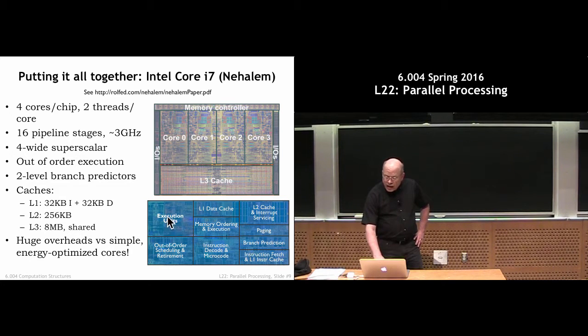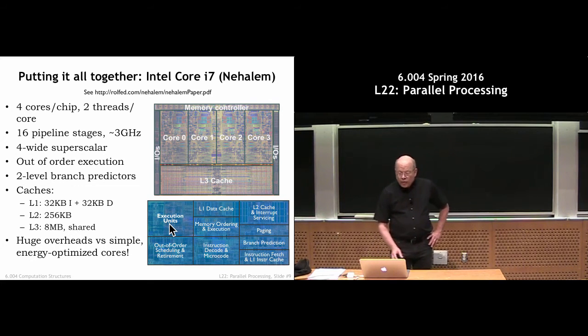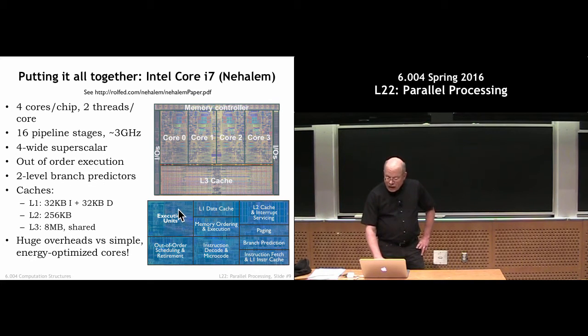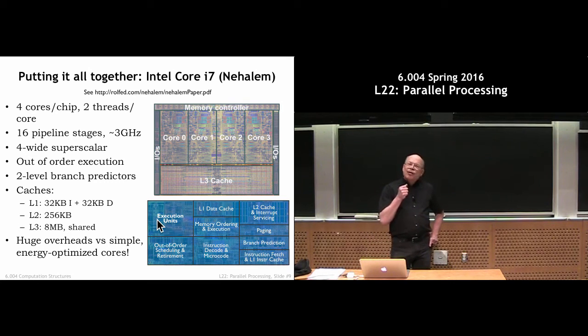You can see that the execution units, which is where all the work is going on, are just a small piece of the rest of this logic, which is involved in branch prediction, instruction decode, and out-of-order execution. This is the reorder buffer. The amount of transistors that go to work, as opposed to going to an enormous amount of effort to look for things we can do in parallel, parallelism is really costing us.